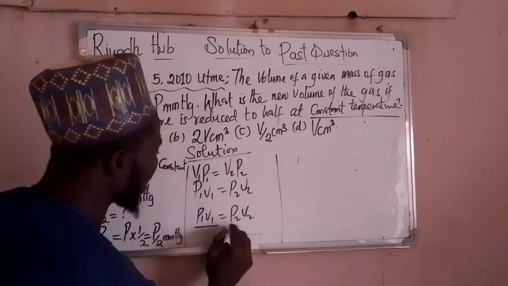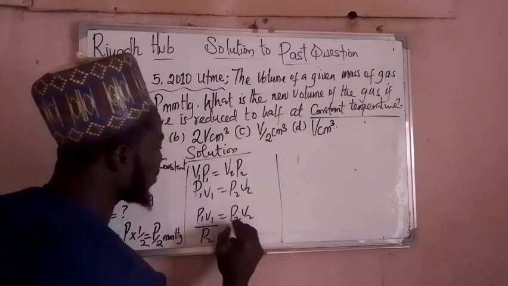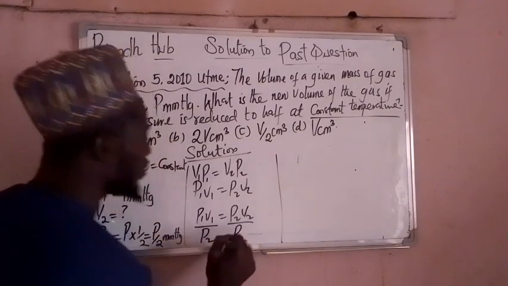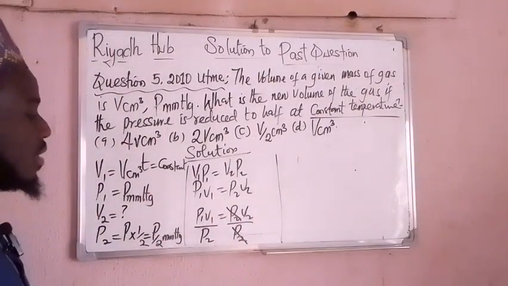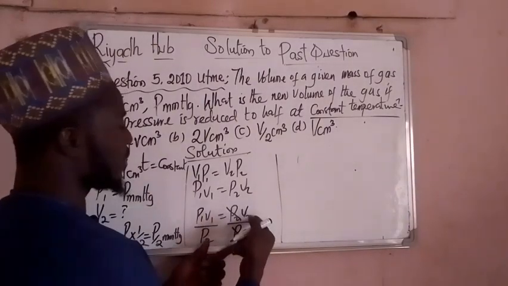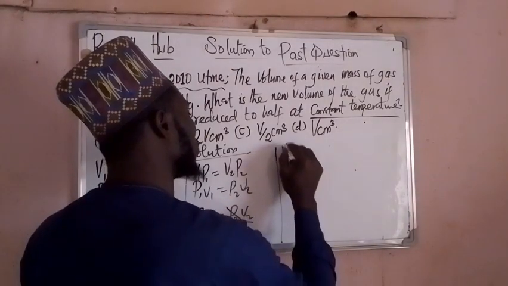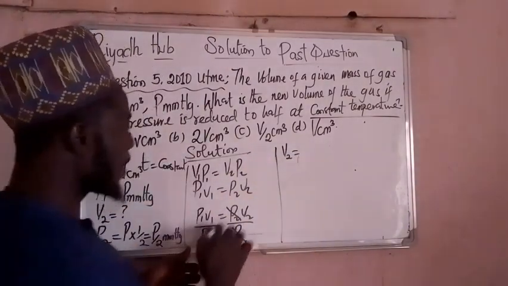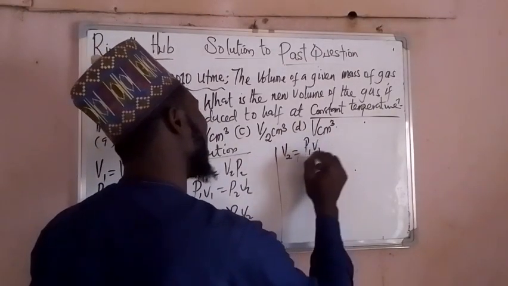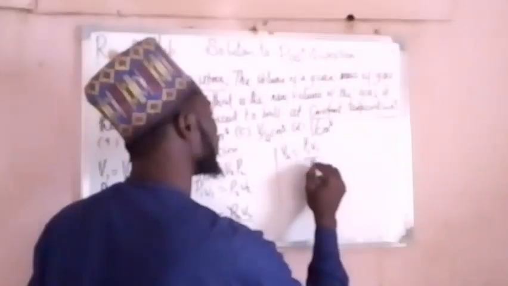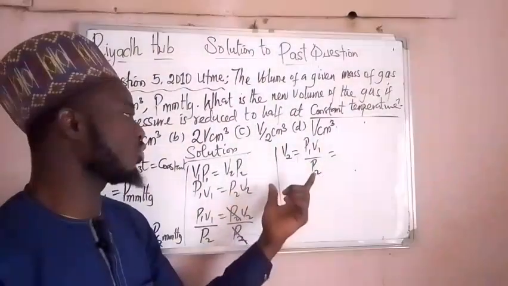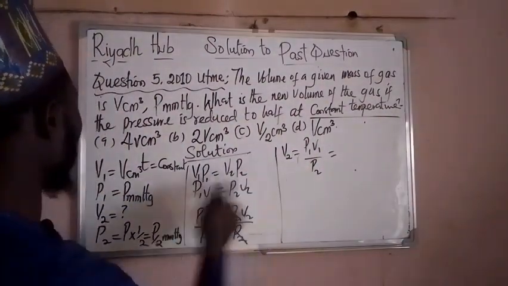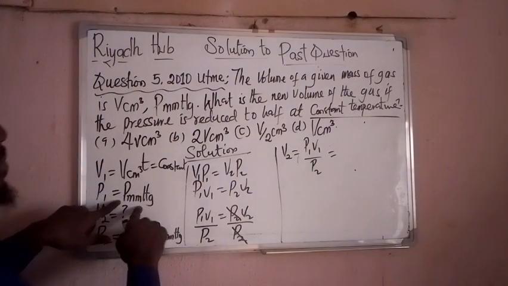So we divide both sides by P2 in order to have V2 alone. So V2 equals P1 V1 over P2. Now we substitute our values. P1 is P millimeter mercury.